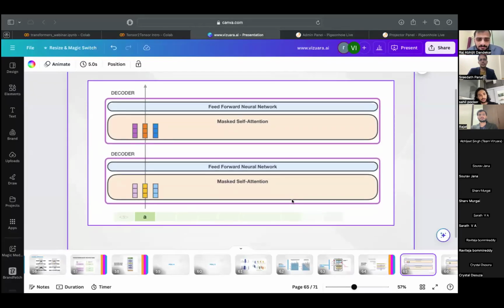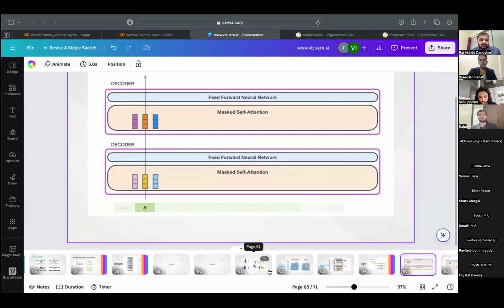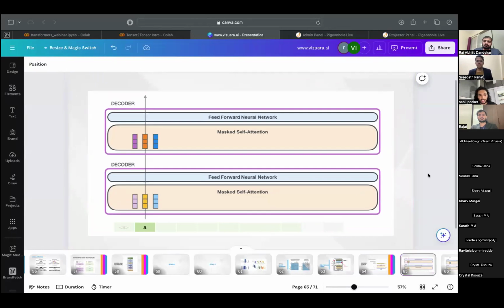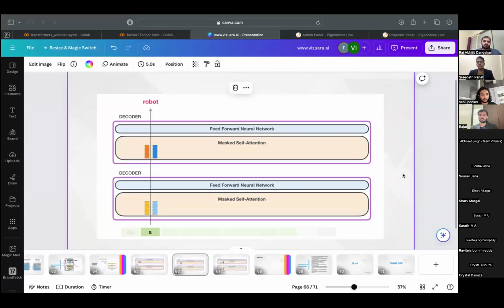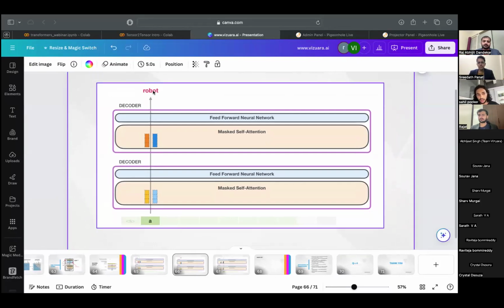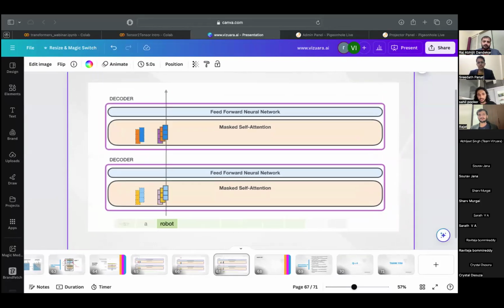Right here, we have 2 decoder stacks. In the next iteration, what happens is it goes through and produces the log probabilities through the softmax, and you get robot as the output. Now what happens is it is fed back into the decoder layer.